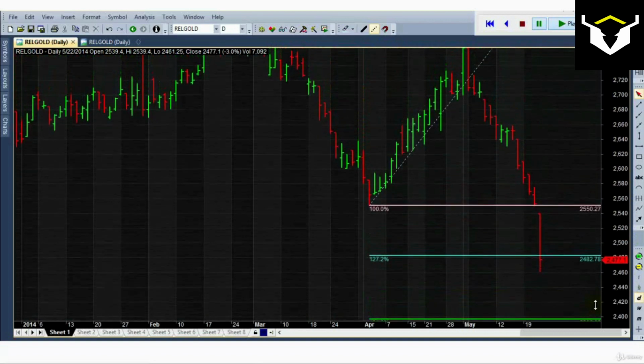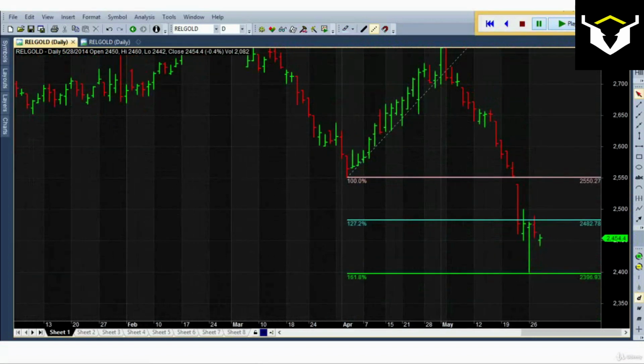Alright, let's go and add some bars. You can see prices touched 161% intraday and gave a positive close, thus giving a reversal bar suggesting that prices have found support at 161%.